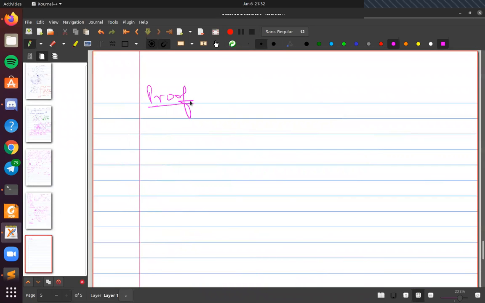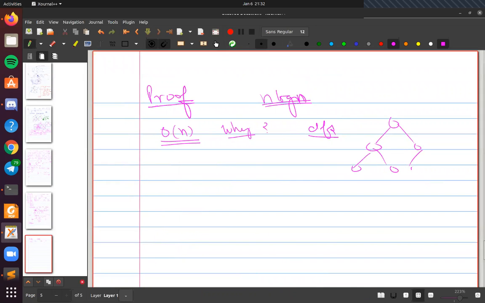Okay. So the proof that it takes n log n is: you run O of n for finding the centroid. Why? You run a DFS for the tree for assigning sizes, so you visit each node.